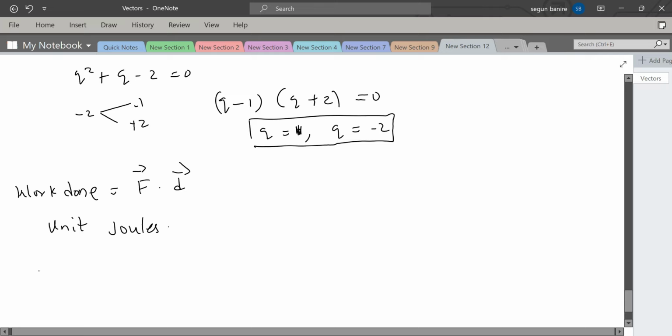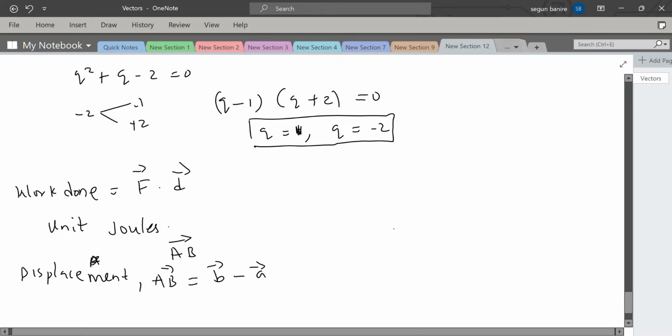So this is the formula for displacement. If I have vector a and vector b, so what is the displacement? So the displacement vector will be vector b minus vector a. That is what we call displacement.